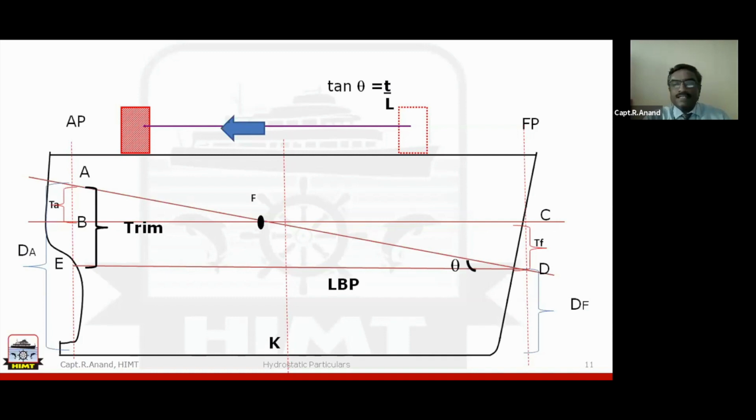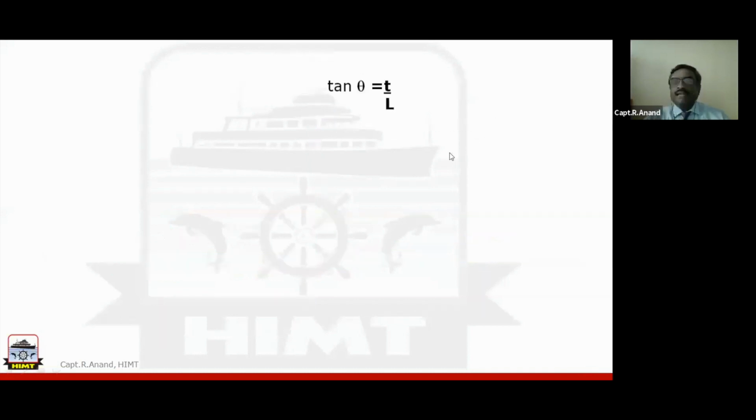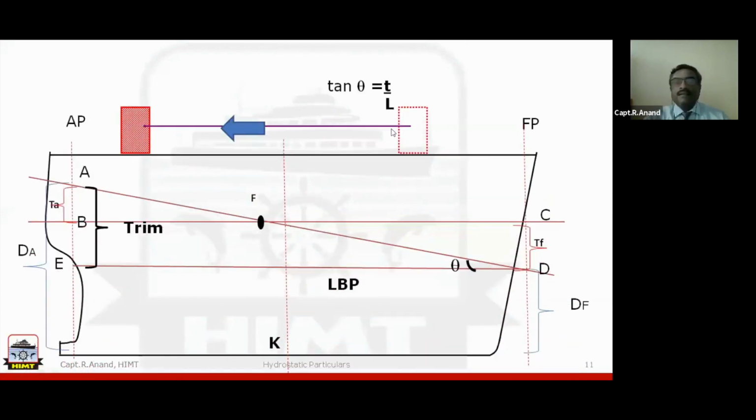So that's why there has to be some recollection from what we have done earlier. So from this triangle AED, tan theta is equal to AE by AD, which is LBP, and AE is the trim of the ship. This is what we did during the derivation of hydrostatics. So remember this: in the earlier case, we got tan theta was GG1 by GML, where theta represented the trim angle, and in this case tan theta was trim by LBP.